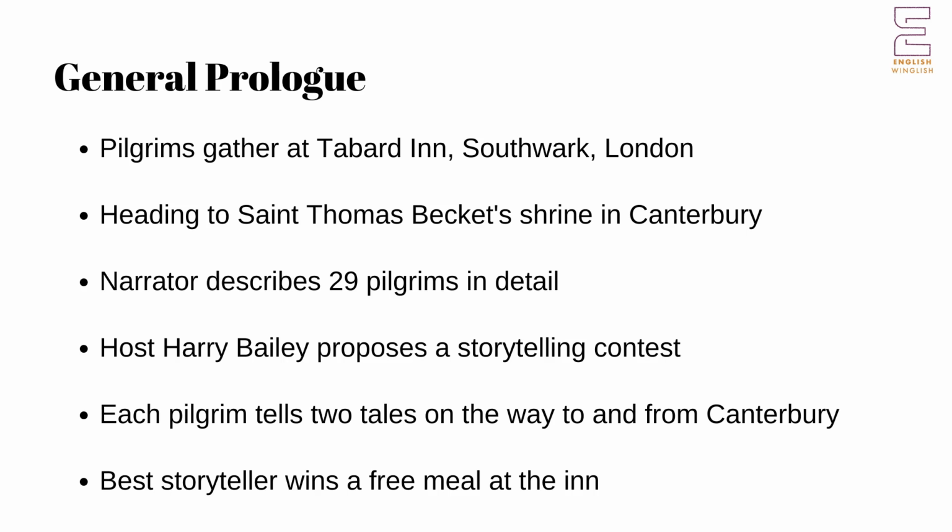The host of the inn, Harry Bailey, proposes a storytelling contest to make the journey more entertaining. Each pilgrim is to tell 2 tales on the way to Canterbury and 2 on the way back, with the best storyteller to be rewarded with a free meal at the inn.